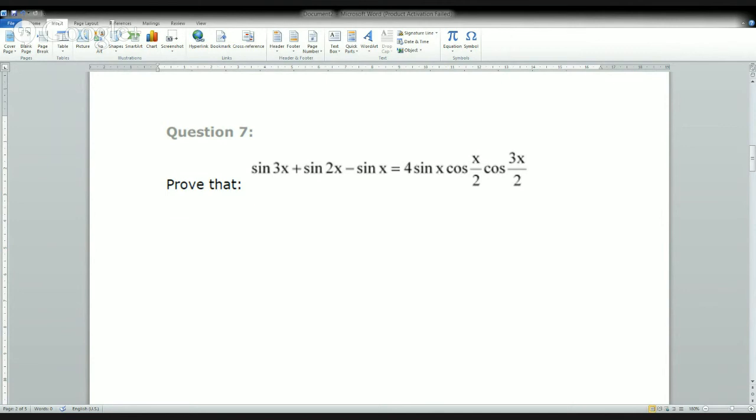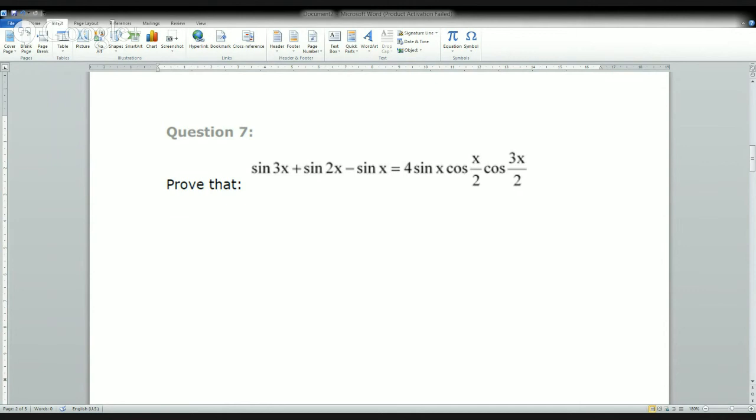So here again we can put the formula of sine a plus sine b, which is 2 sine of a plus b divided by 2, 2 cos of a minus b divided by 2, 3x by 2 minus x by 2 divided by 2, right?